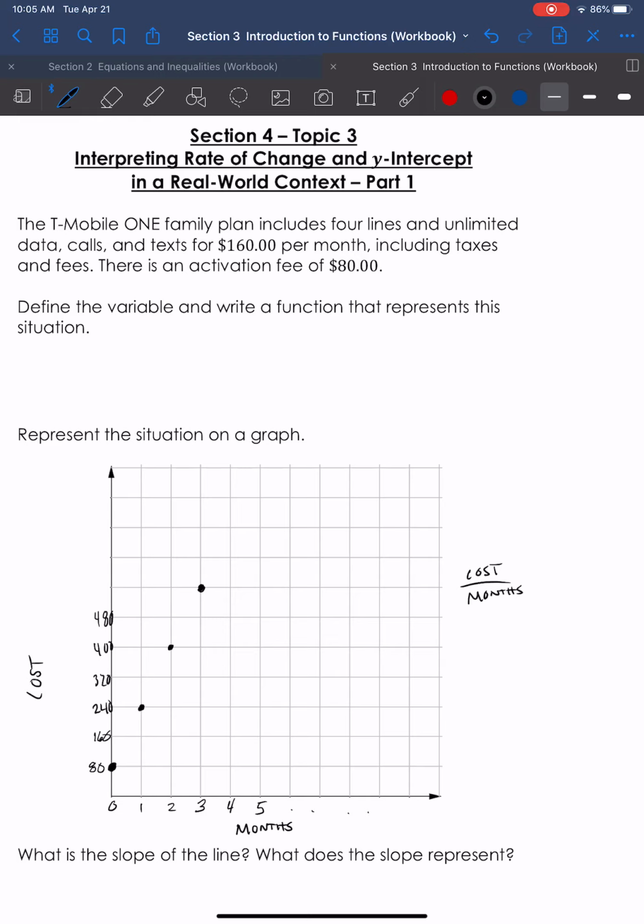So let's look at the difference between month 1 and month 2. What is the difference here? Well, it went up by $160. So our slope is $160 for every 1 month. That is our rate of change.